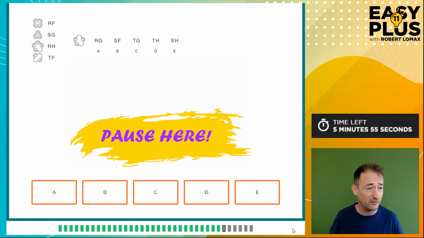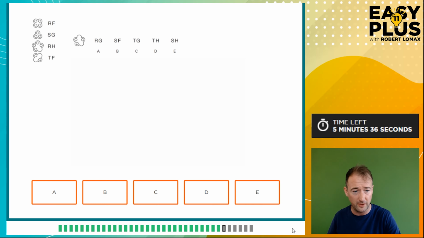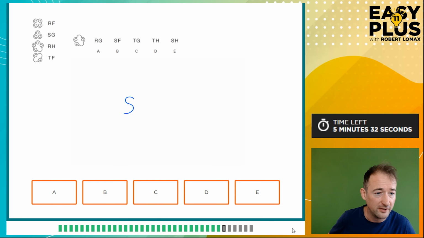Okay, but we've only got nearly 6 minutes left, so we need to keep pushing on here. Left-hand column, R, S, R, T. First and third, they each have 4 white circles in the middle. Our answer shape has 3 white circles in the middle. That matches the second one, so that's S. Second letter R, G, H, F. What do the first and last have in common?